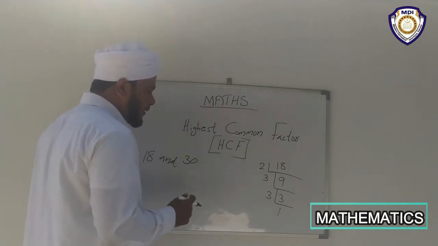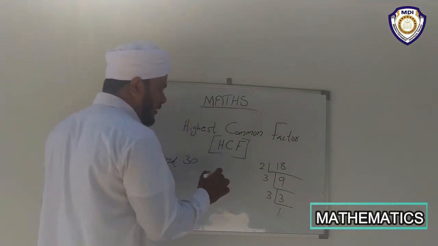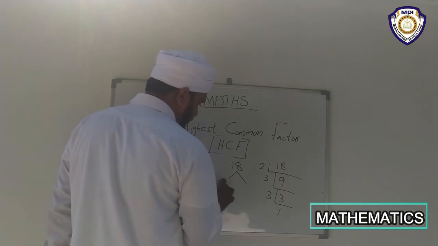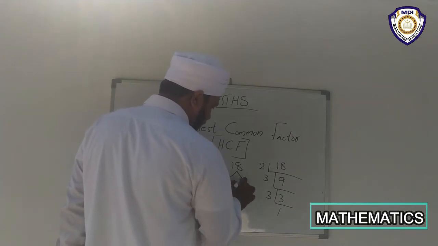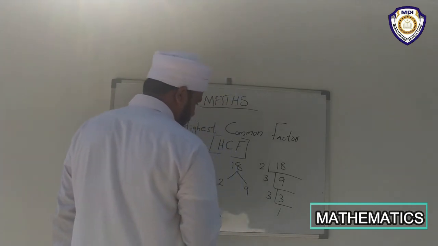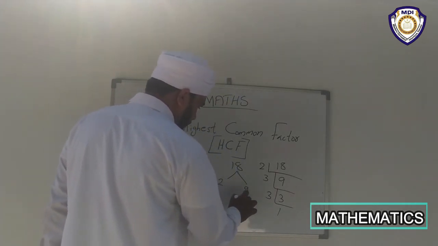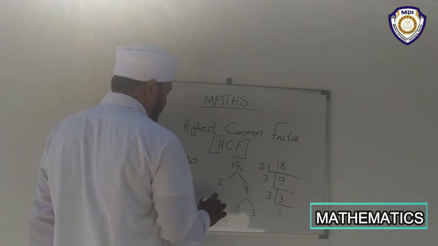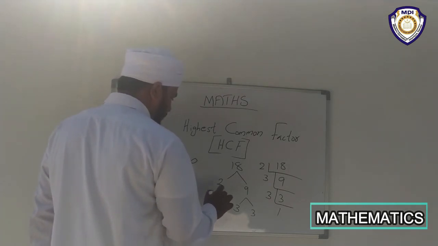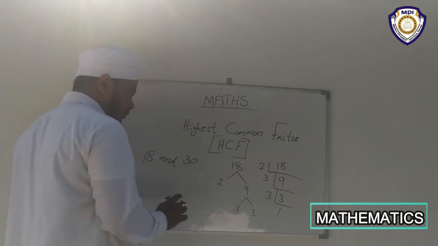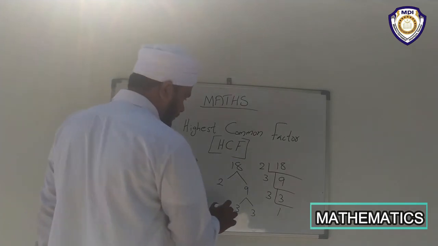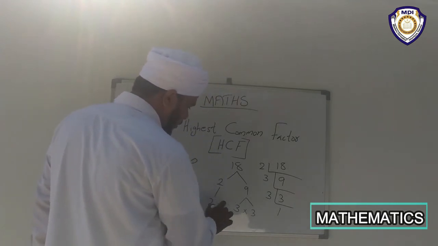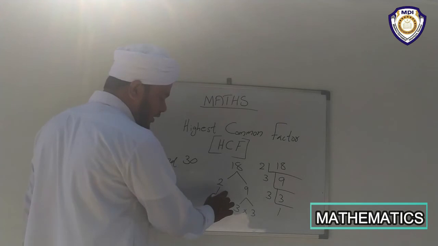Then another method, the tree method. 2 into 9, 3 into 6. 2 into 6, 2 into 3, 6.